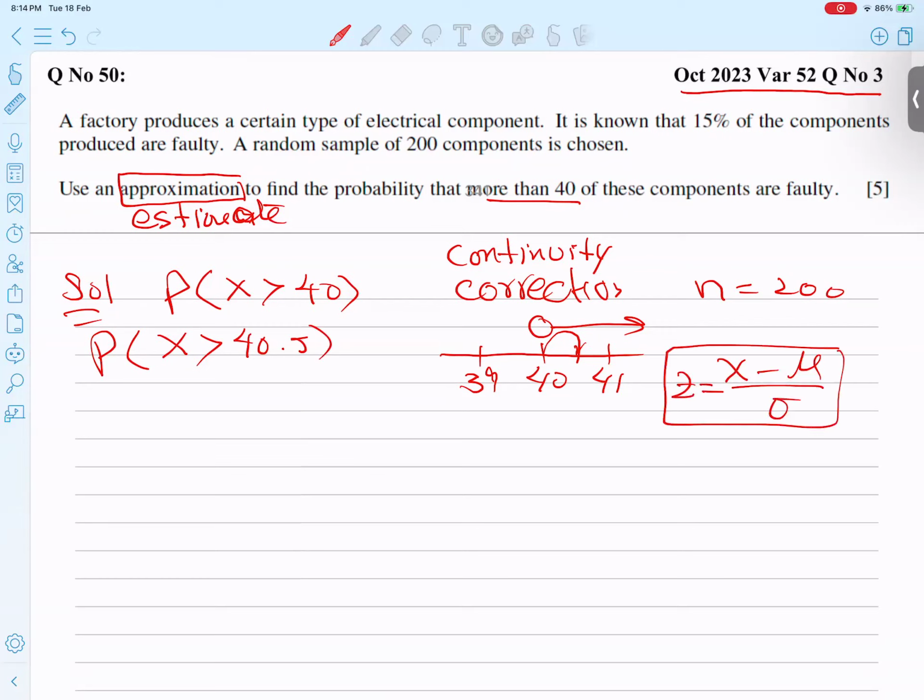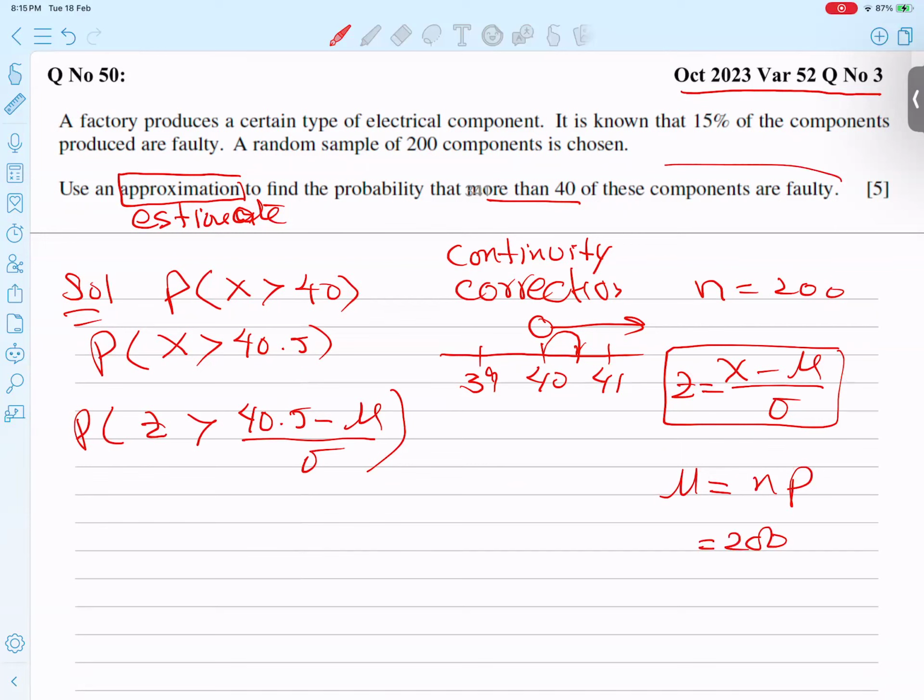Done. But problem, we have a special formula, X minus mean by deviation, to convert into standard normal data. This is X, we have it, but do we have a mean and deviation given in the question? Answer is no. So we have 40.5 minus mean by deviation. Job number 1, we have to find the mean. Formula for the mean is NP. N is 200, because he talked about faulty, so 200 comes from here.